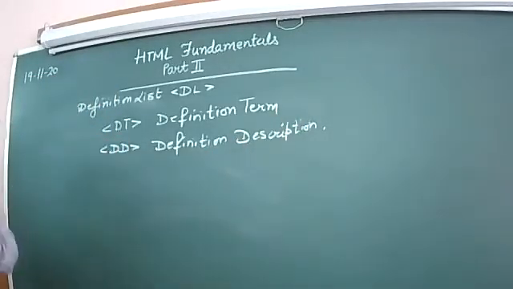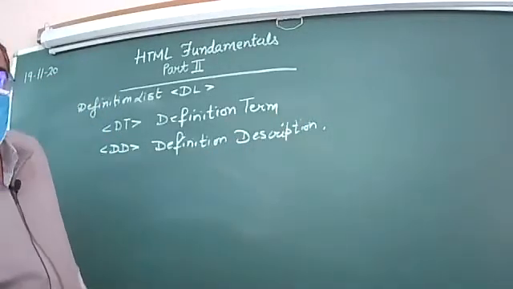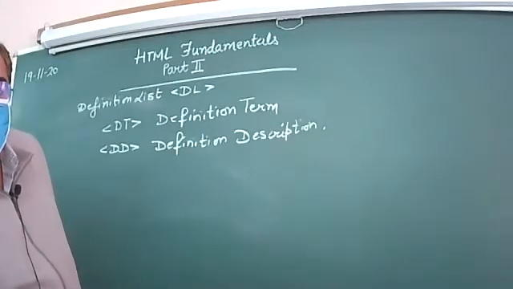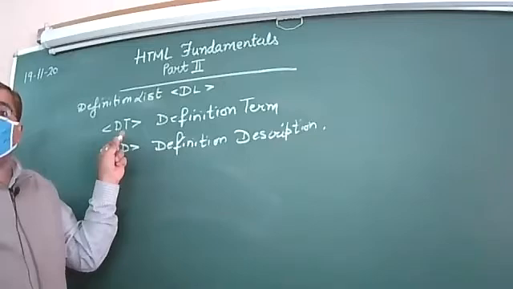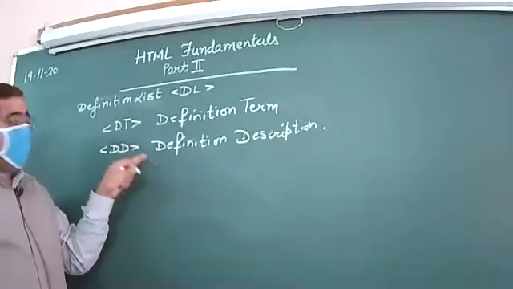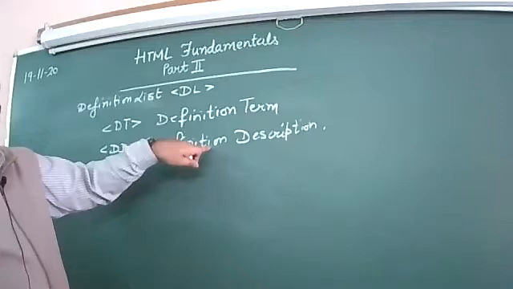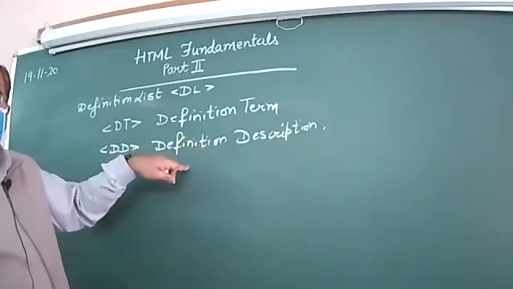Definition term and definition description. The DT tag will play the role to specify the term to be defined. DD, definition description, will display the actual definition of the term.